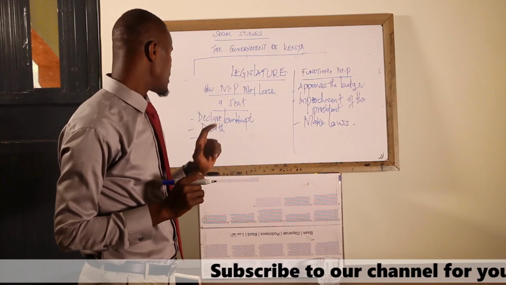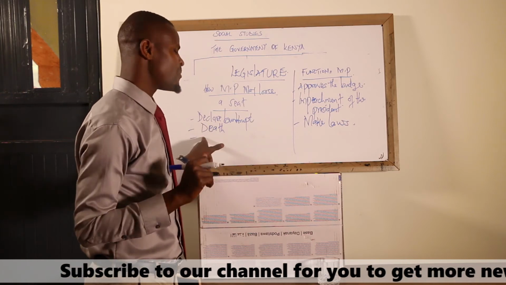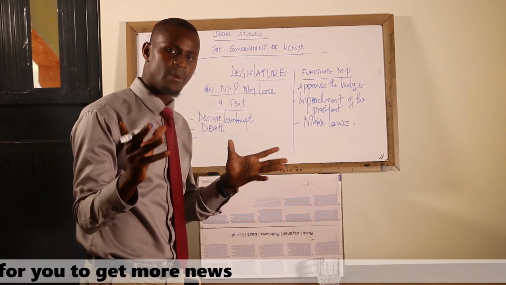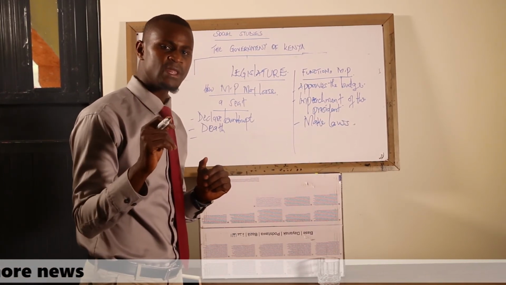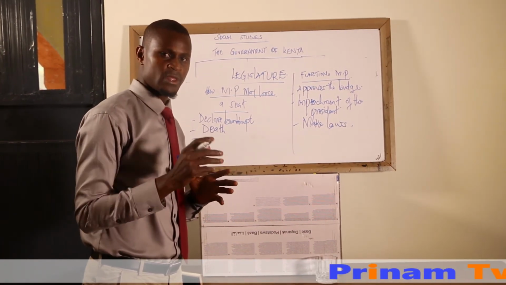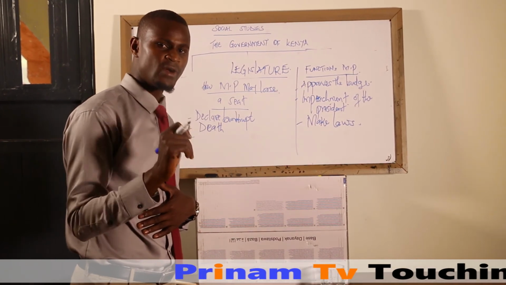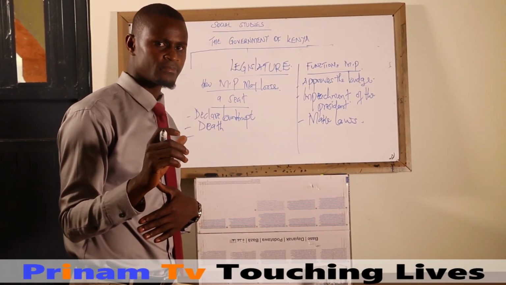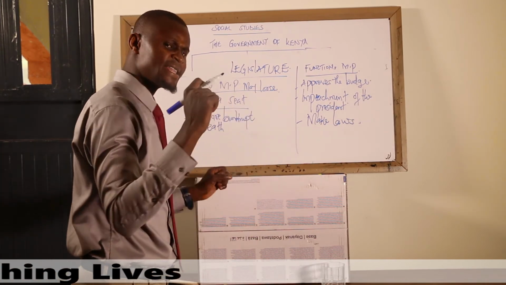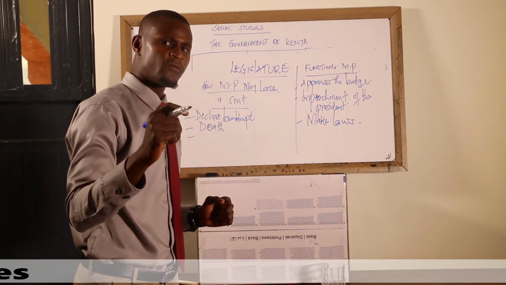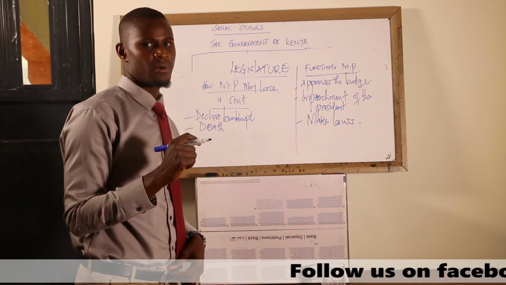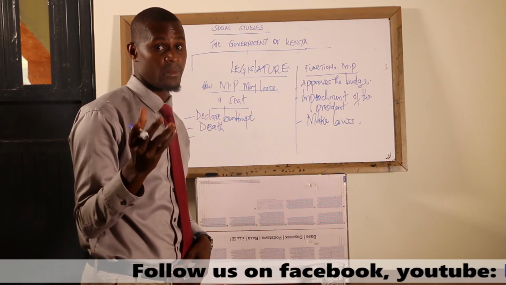What else? As we learned in grade 7, you can remember, another one is if this member of parliament has not been attending the session for 8 consecutive months, that member of parliament may lose a seat.